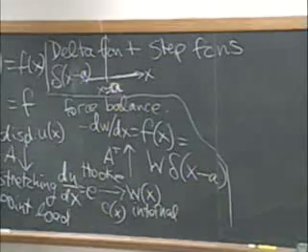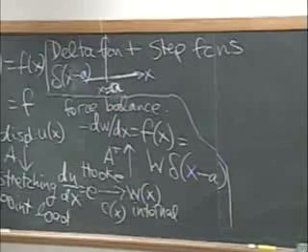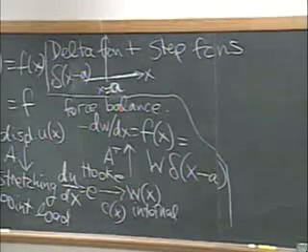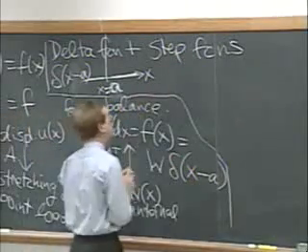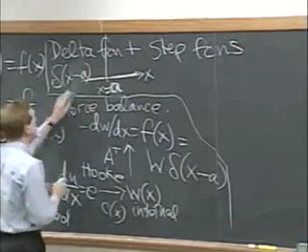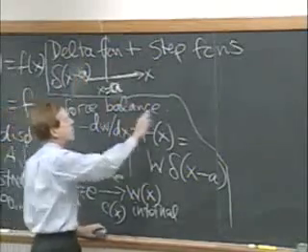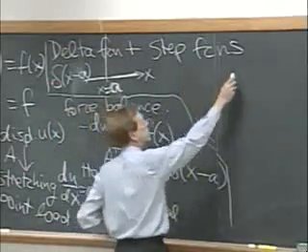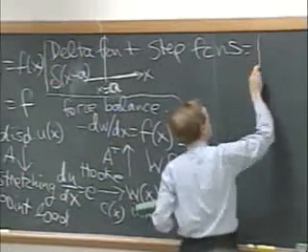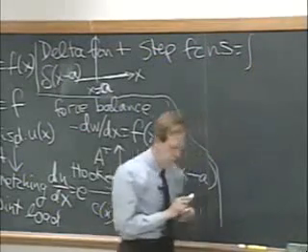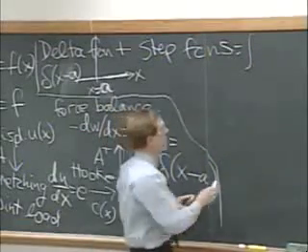It happens in an instant, so no true function can do it. It happens in an instant, but what it does in that instant is the integral jumps to 1, and the integral is the step function. Let me put this back to 0. Oh, well, I can leave it at a. So what's the graph of its integral? This is the integral of the delta function. Is that right? Yes, the integral of the delta function.